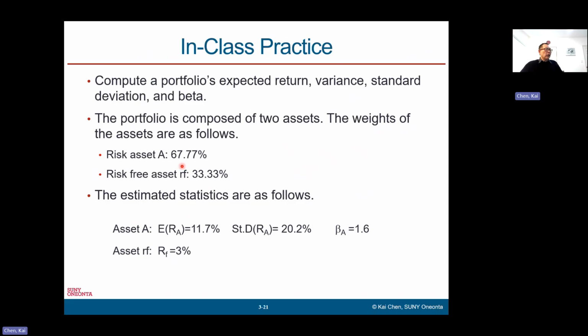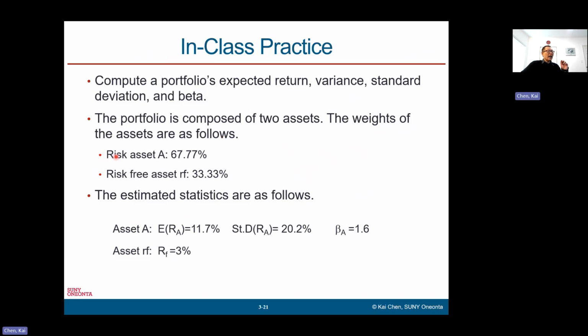And here is an in-class practice. I think in this exercise you can do this right now. It is a very simple portfolio. Now we can see this portfolio is composed of two assets. The weights of the assets are as follows.